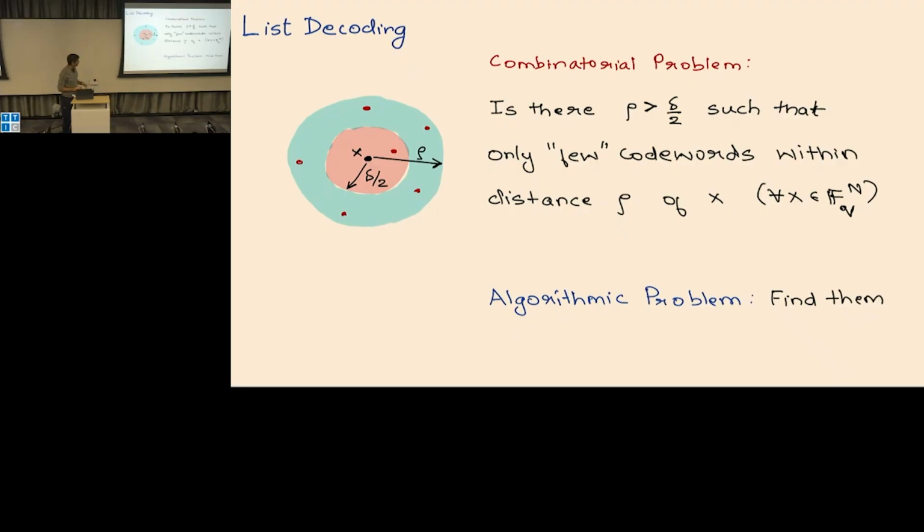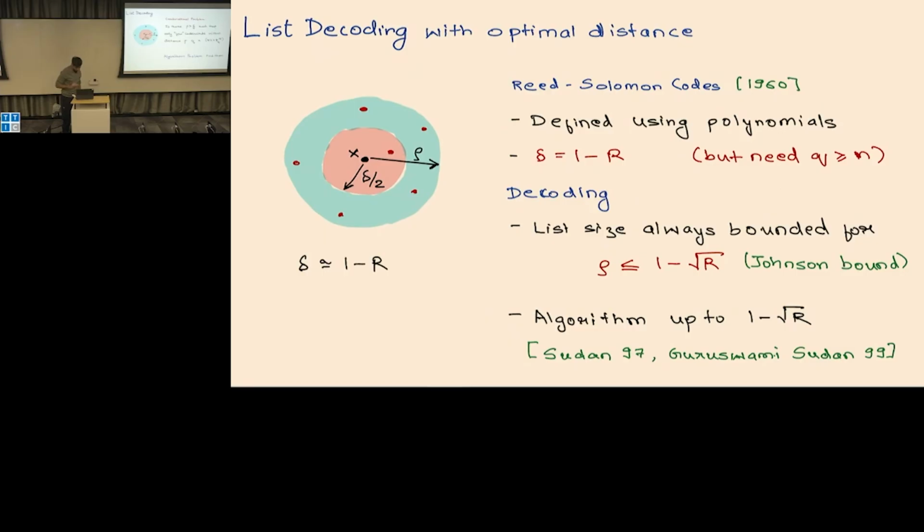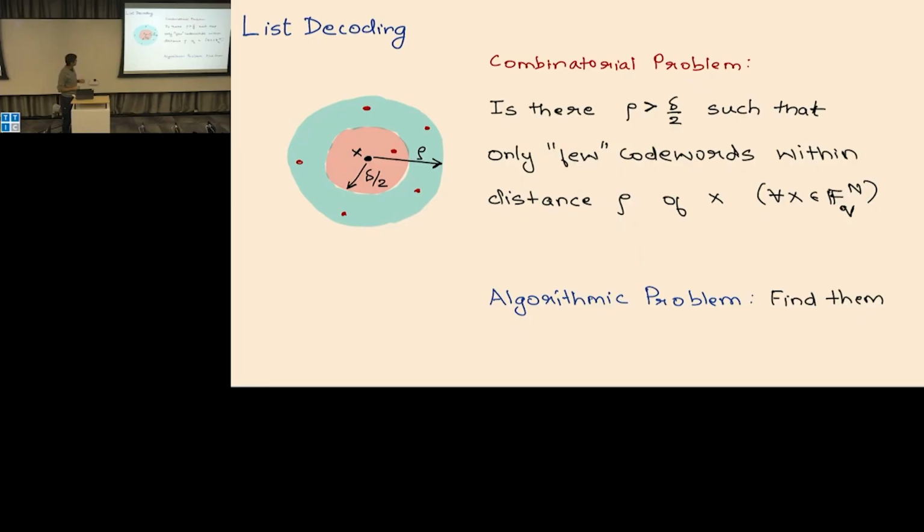This is one way of thinking about list decoding. There are other ways, and in particular in complexity theory, sometimes it's okay to just pick a random element of the list.